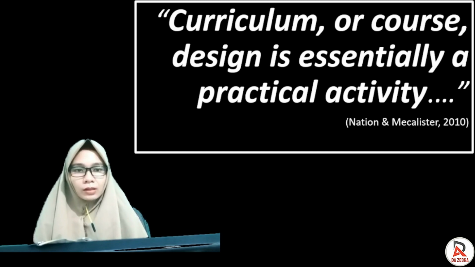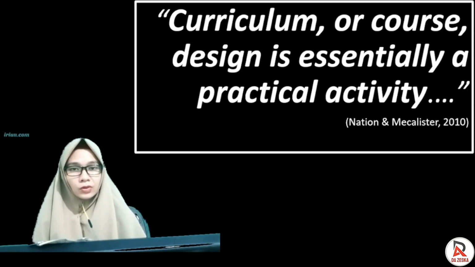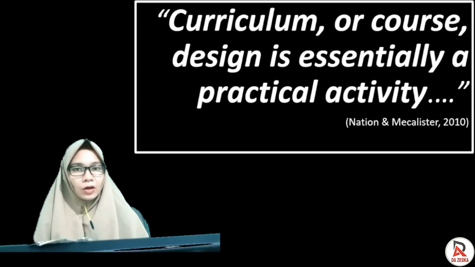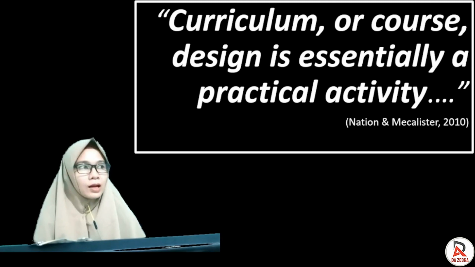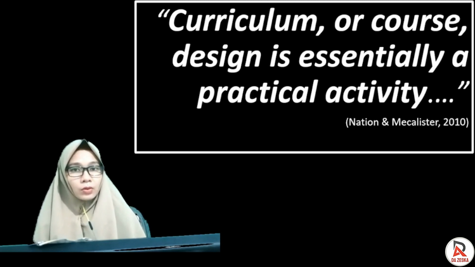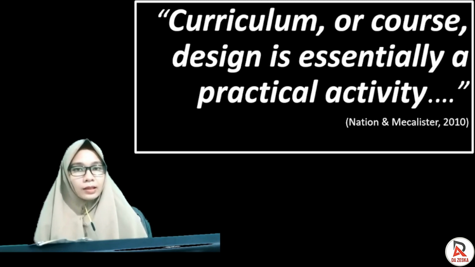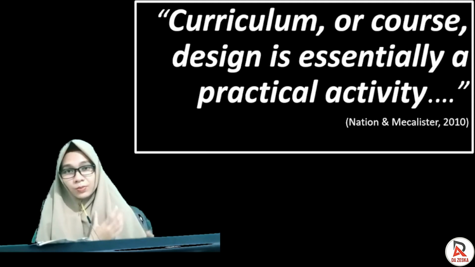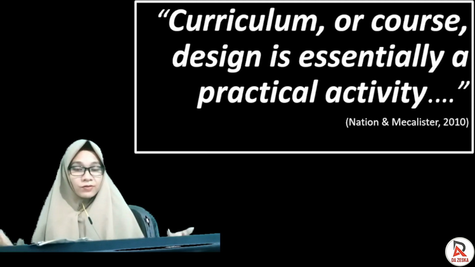And curriculum or course design itself is essentially important, and the activities done are actually practical. Practical here means that you will have your written curriculum, or your syllabus, or your lesson plan, and then you practice that, and you will experience many things in the field.